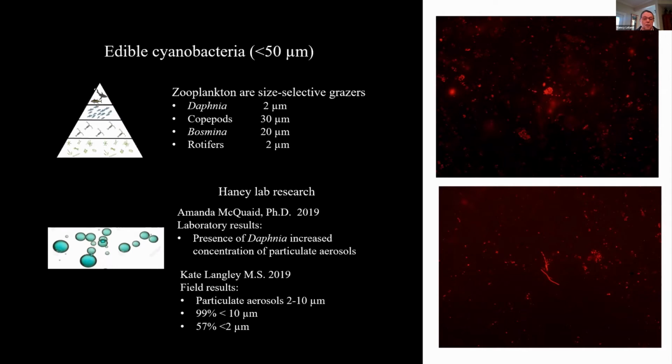And Kate Langley, who also graduated in 2019, through her field work, was able to characterize what was happening with particulate aerosols, finding that they were mostly in the 2 to 10 micron size. 99% of them are less than 10 microns and 57% are less than 2 microns. So that gives us an idea of the size fractions and particle sizes of cyanobacteria and individual cells that we might be concerned with in terms of the process of aerosolization.